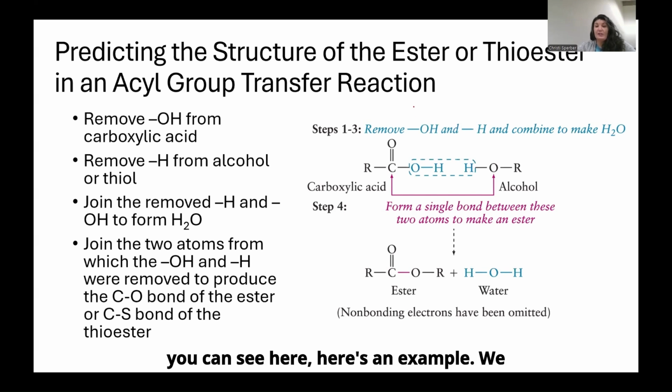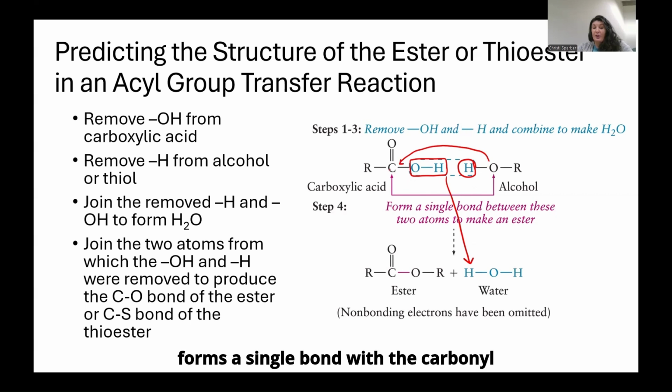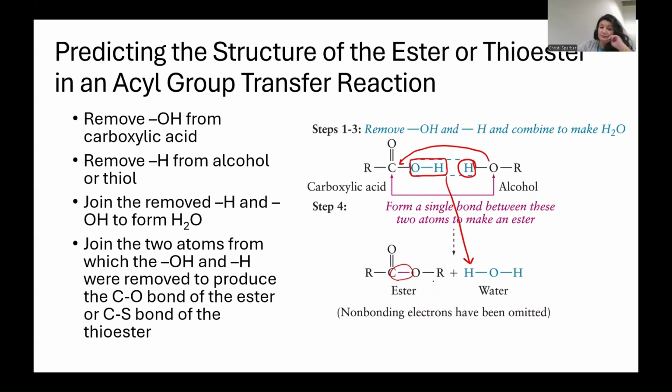So here's an example. We have a carboxylic acid. We remove the OH group from the carboxylic acid and the hydrogen from the alcohol. We combine those to make water, and then the oxygen of the alcohol forms a single bond with the carbonyl carbon to make an ester.